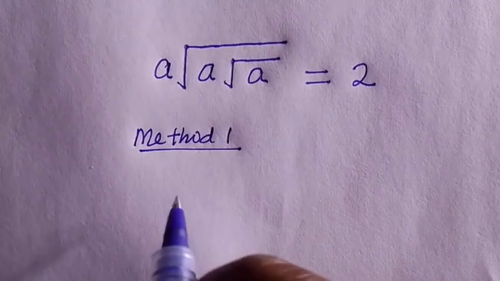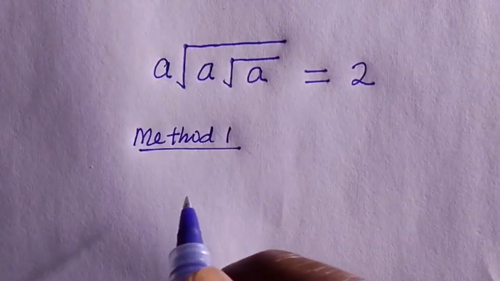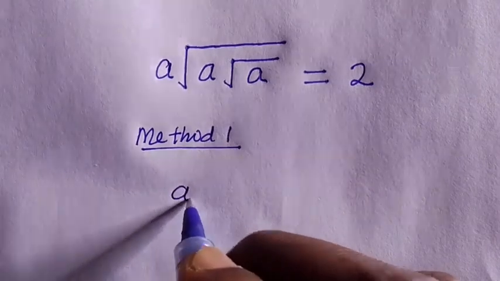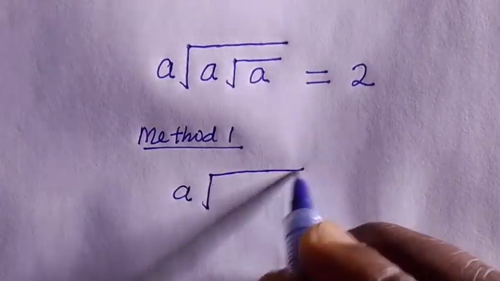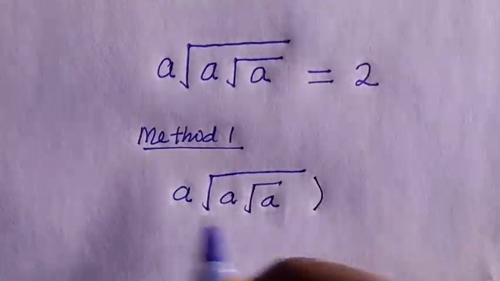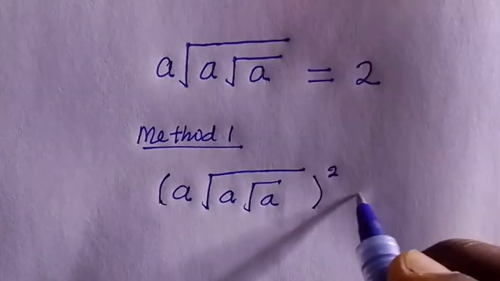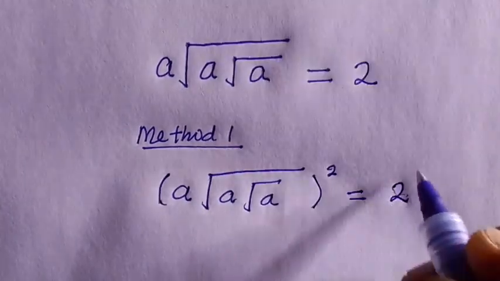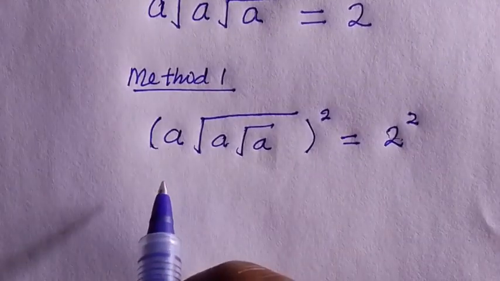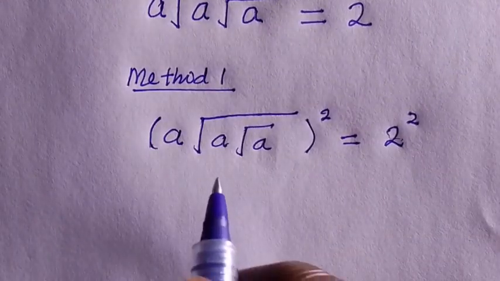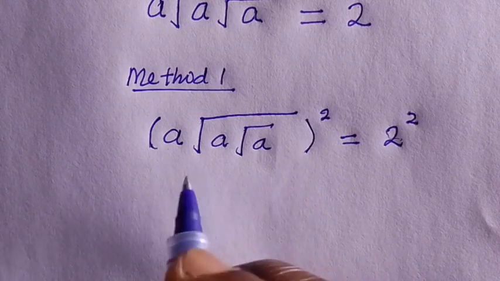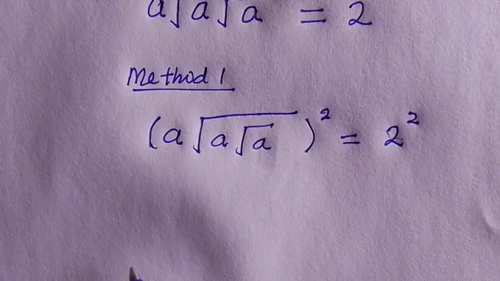For the first method, we are going to take the square of both sides. So we have root a, all raised to the power of 2, equals 2 to the power of 2. By the property of indices, this a is taking the power of 2, and the whole of this is also taking the power of 2.